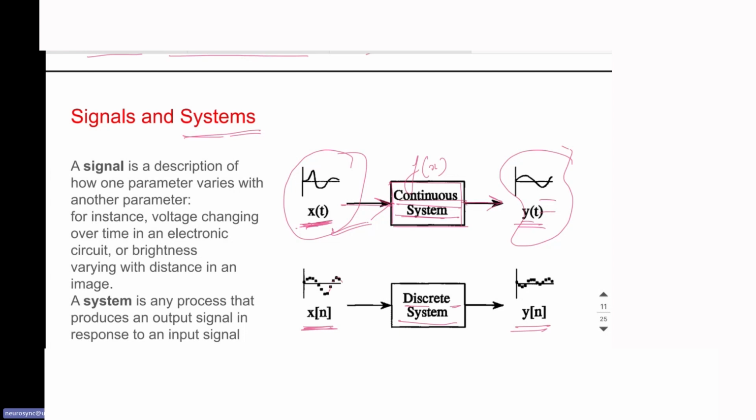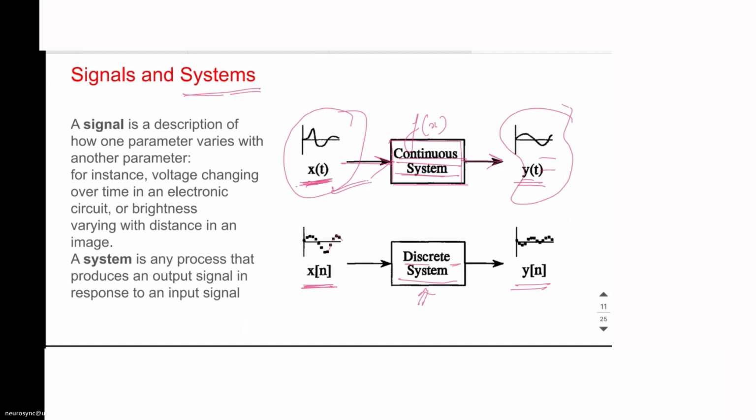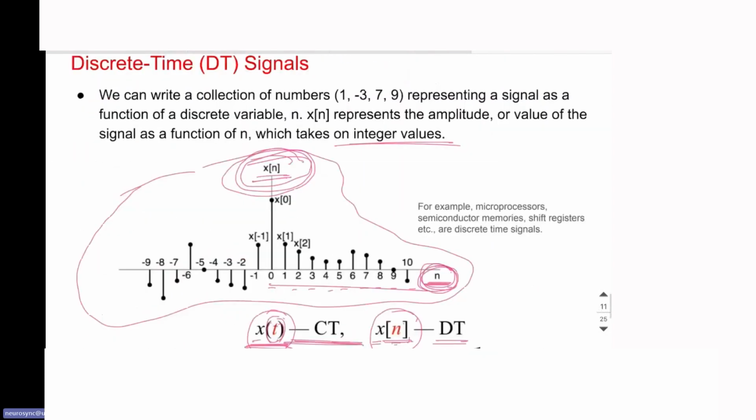We can define a system as any process that produces an output signal in response to an input signal. So a system is nothing but a process which will produce an output signal. This is how we can define the system.